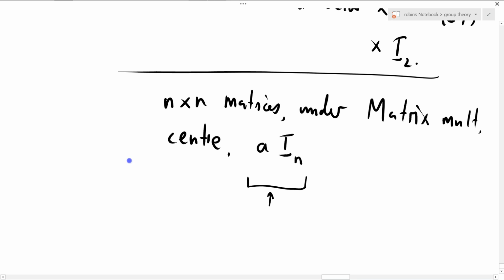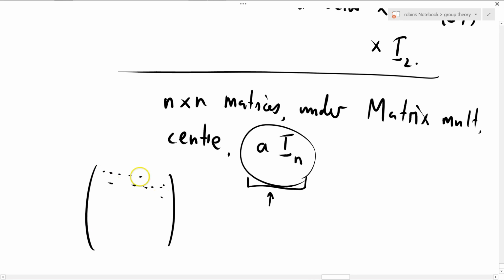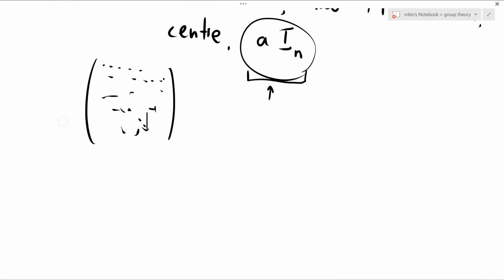The point I want to make about this is that the centre here is a very restricted, it's a very small subset. If you have a great big matrix with lots and lots of entries, loads and loads of degrees of freedom, could be thousands by thousands, a great big space, the centre of that space is just of this form.